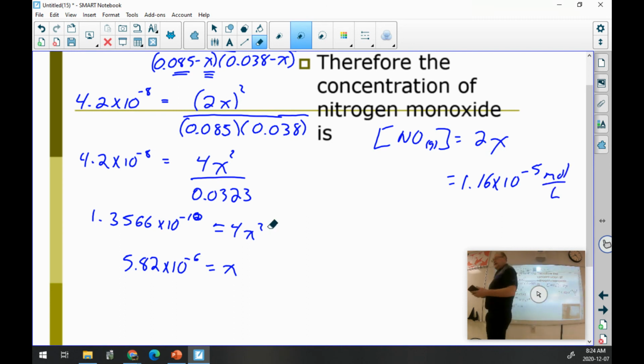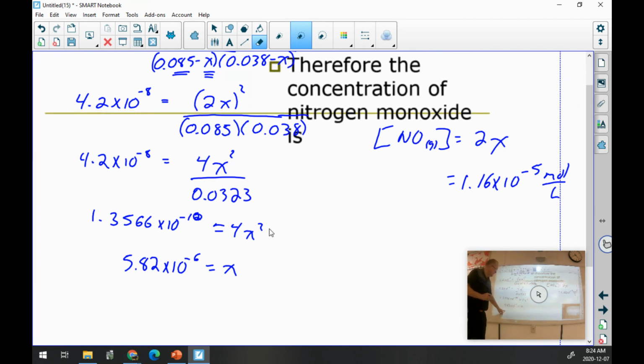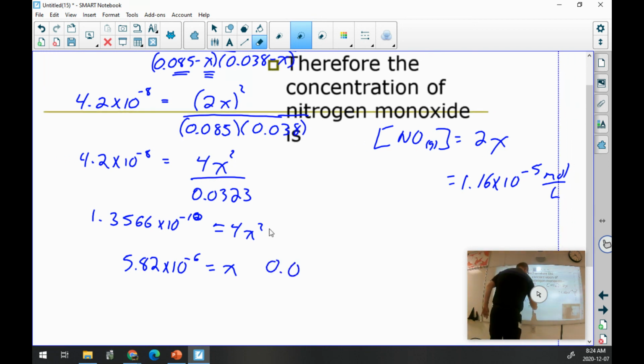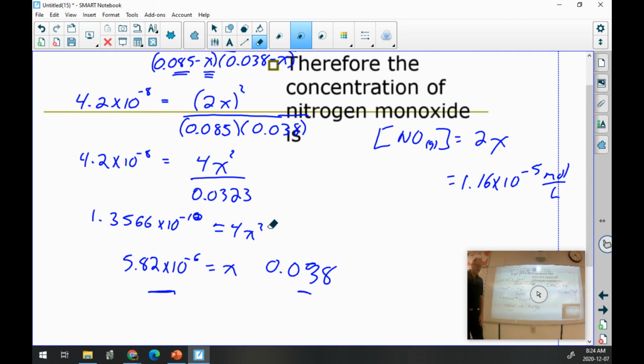Now, when we compare this number here to 0.038, that's much, much smaller. If we take this number here away from that, we're going to end up with 0.03799 something. So essentially, again, because the Kc value is small, indicating that the reactants are strongly favored, this approximation method does work for us.